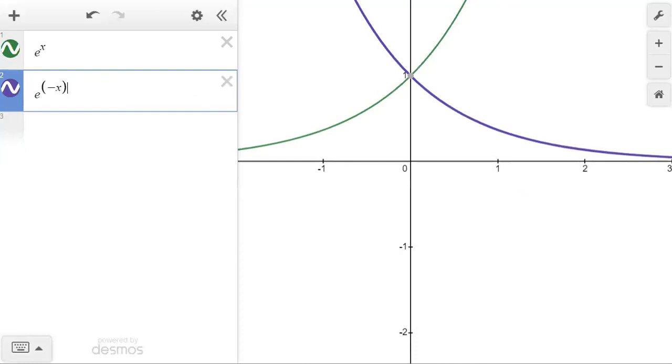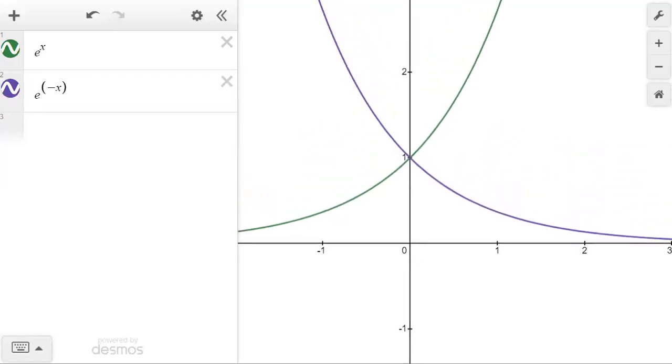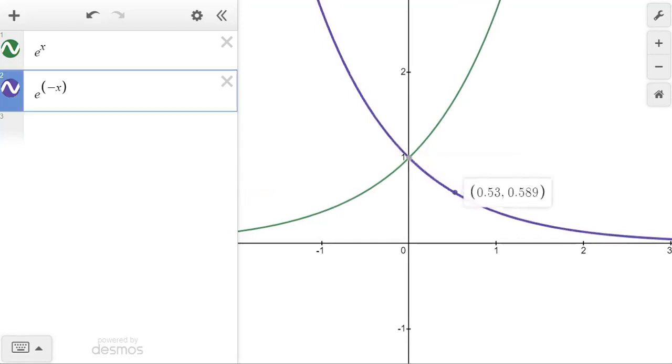If you change it, it will rotate like this. Exactly 180 degree rotation you can observe here. This green is e to the power x, and the blue one is e to the power minus x. If you increase the value of x, it will be near 0.